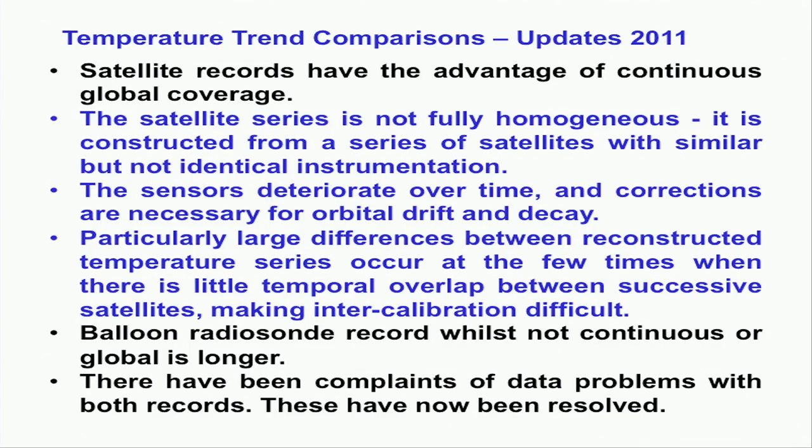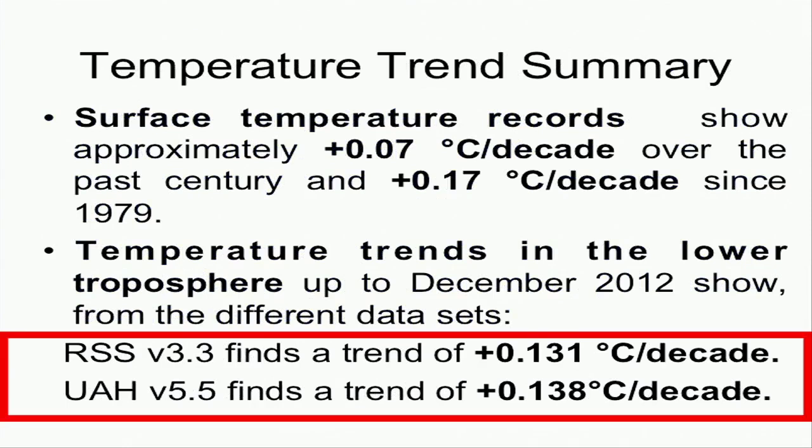That makes intercalibration difficult, but that's more or less been resolved now. Balloon radiosonde record, not continuous or global, but it is much longer. There have been complaints, as we mentioned, of data problems with both satellite and balloon measurements, but those have now all been resolved due to large scientific meetings which have got to the bottom of a lot of these issues. So we can have more confidence today about those data sets.